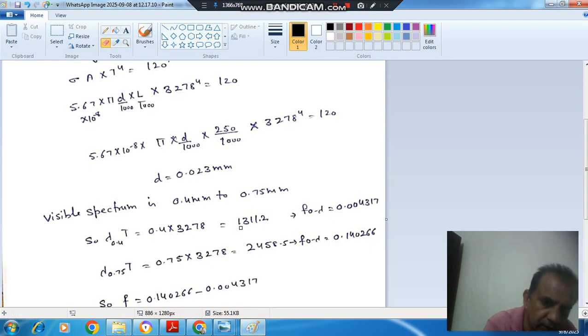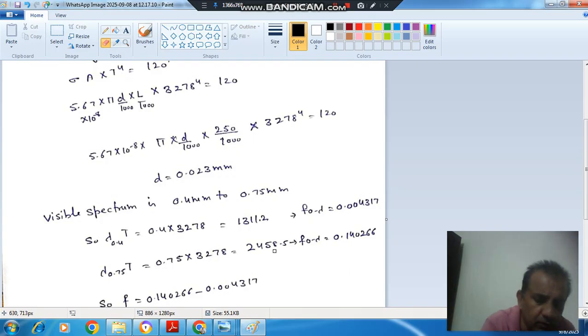Here we need the value corresponding to lambda T as 1311.2, and we have the value for 1300, so we will take that. We need the value corresponding to 2458.5, but we have it for 2400.